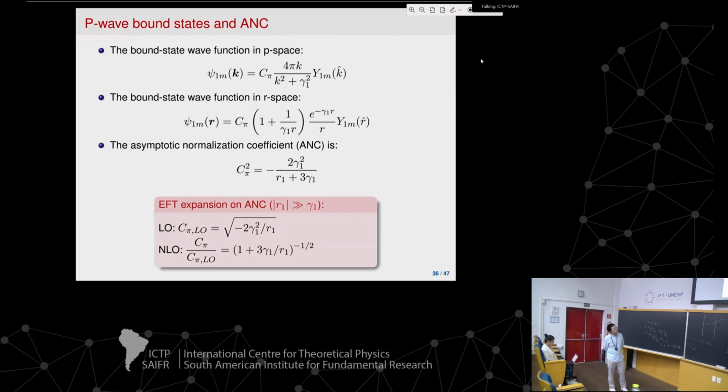And if you use the Bedaque power counting, where R1 is one order higher, in the high momentum scale, and gamma 1 is in the low momentum scale, you can do a perturbative expansion of these A and C parameters, getting the leading order part and the ratio for the next to leading order part.